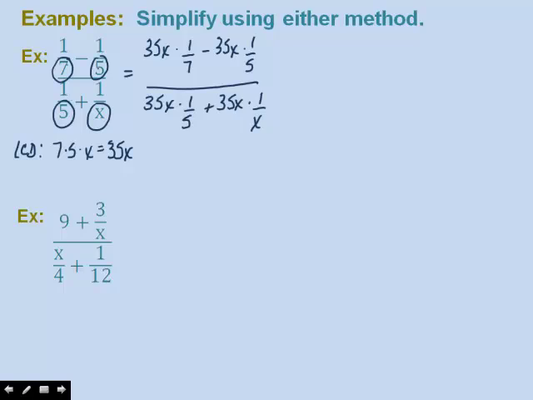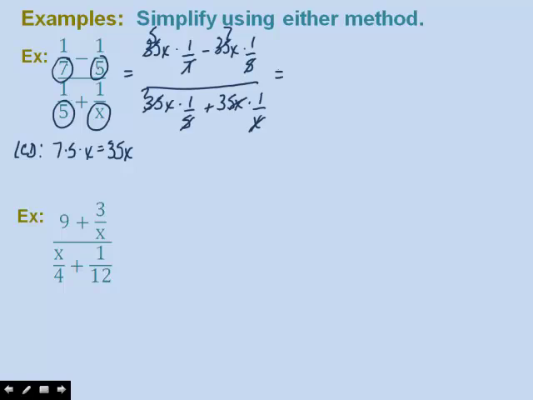Between 35 and 7, we can cancel a 7, which leaves a 5. With 35 and 5, we can cancel the 5, which leaves a 7. Same thing here, we can cancel a 5, which leaves a 7. And in our last rational expression, we can cancel the x's.